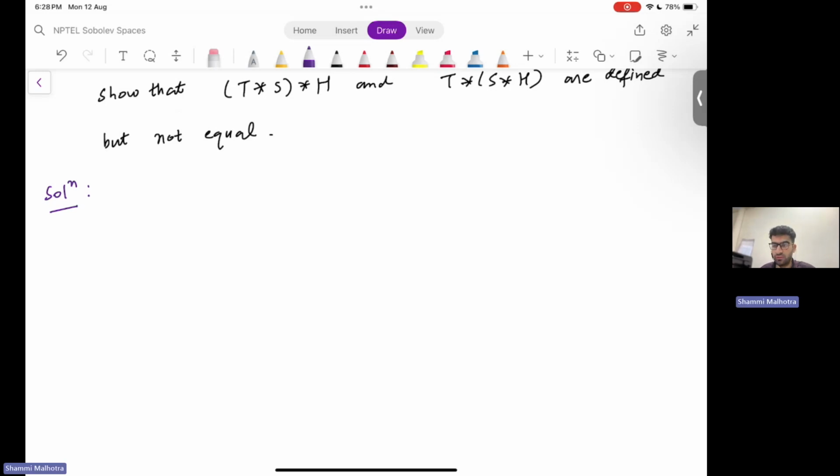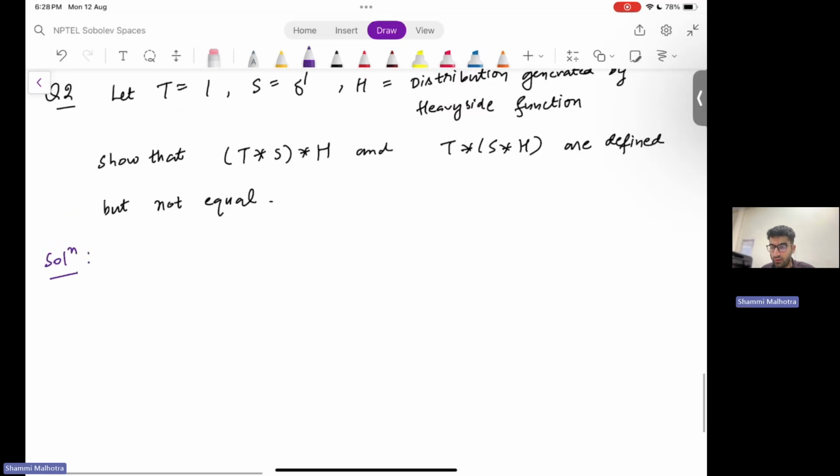And we will use the fact that the derivative of this Dirac delta has a compact support. This will help us use the facts which we have developed in the lectures. Okay, so without further ado, let's try to compute this problem.